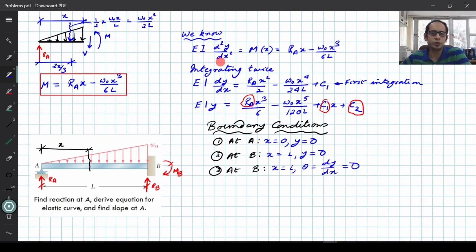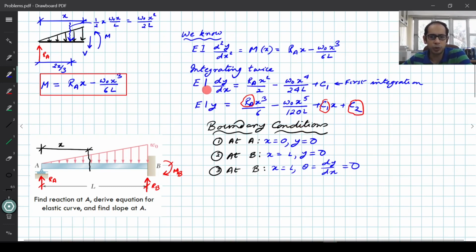So you have introduced three boundary conditions and you have three unknowns. So you can mix and match and find out the values of RA, C1 and C2. I will go ahead and write the values that we get.